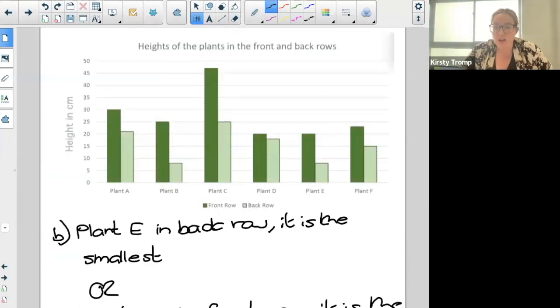Last question says to us, what can you conclude about the effect of sun on plants? What can you say about the effect of the sun on plants? Hi, Lungawa. What's the effect of the sun on plants based on this graph?